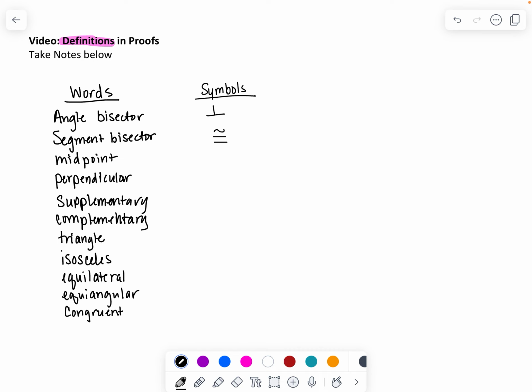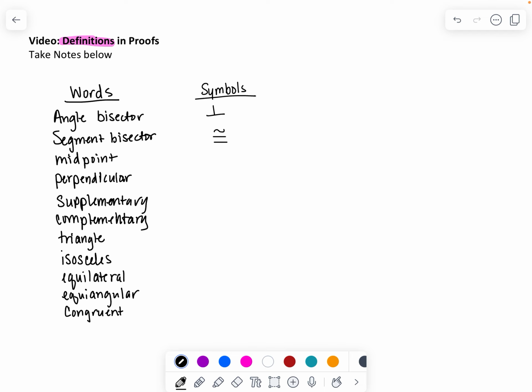Or if we know that there's a segment bisector, we know that now a segment's been cut in half. And we can write about that. Or a midpoint, been cut in half. Now we have got two equal things. Perpendicular means 90 degrees. So these words have meaning, and because of their definition, we can write about them.